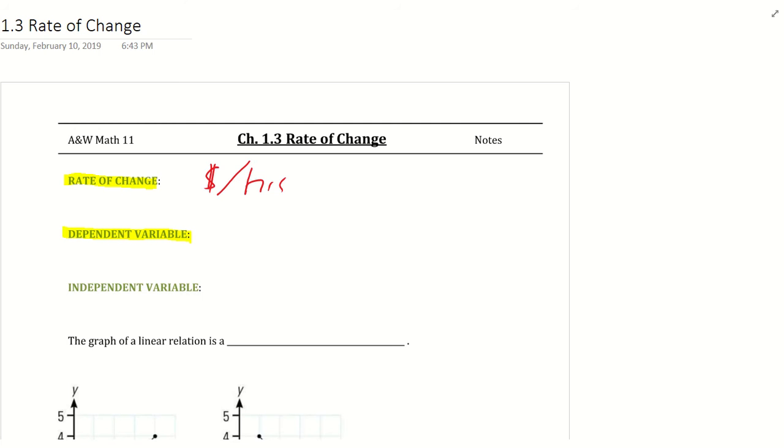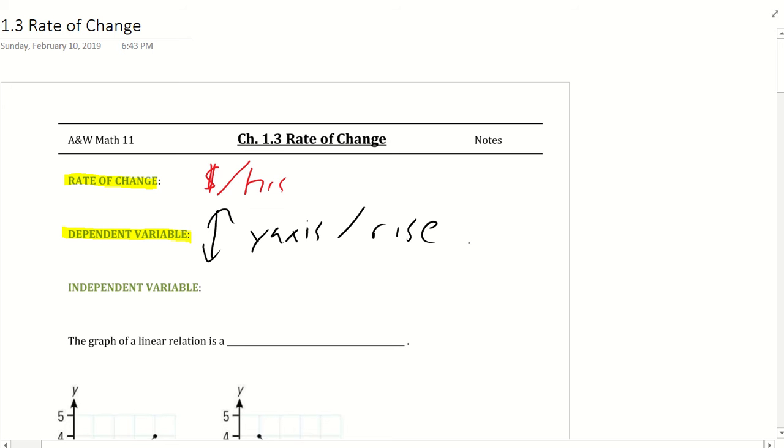Just to clarify and give you some hints, your dependent variable is always going to be your y-axis. It's going to be your rise. For example, when we looked at rate of change, that would be something like money. Your money is going to depend on how much time you work.